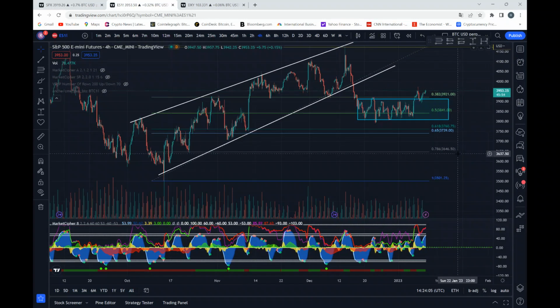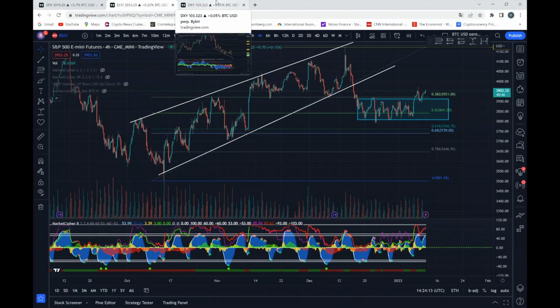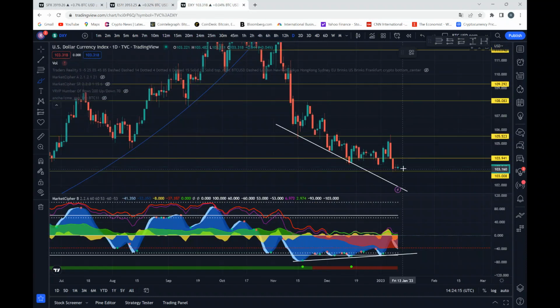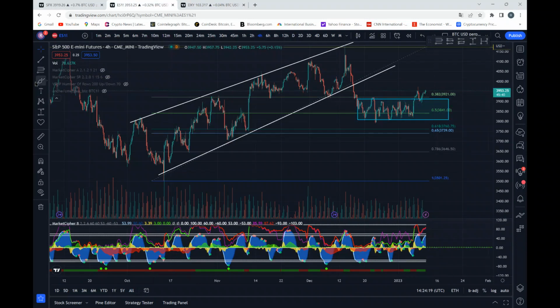It has always been like this in the last year or two or even longer. So I do expect that once the dollar index is really gaining strength and we are firing off, and that could be quite ferocious quite fast, then I expect a pretty big dump on the S&P 500 and therefore also on Bitcoin.